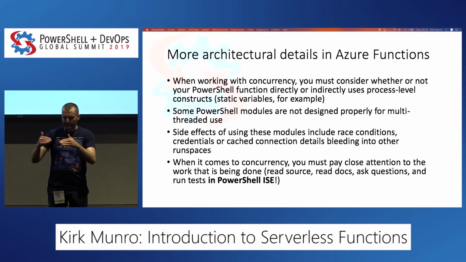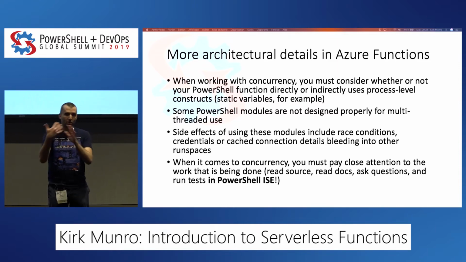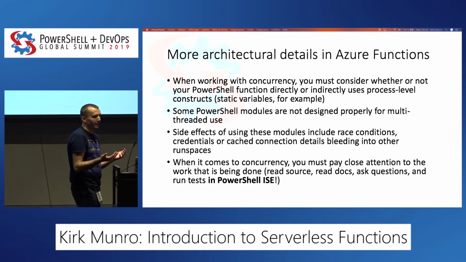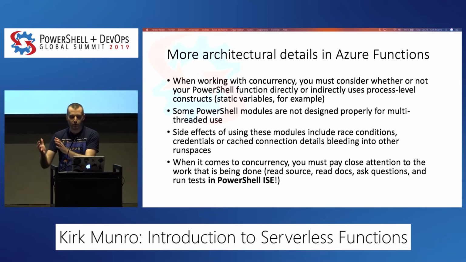You have things running in the same process at the same time because of concurrency. If one of your functions loads a particular version of a module, and then your other function tries to load a different version of the module because of the way you've written your functions, and they're all inside the same shared process, that's going to cause you problems because you can't unload DLLs and reload the other DLLs while both are running at the same time. And .NET doesn't support that. Well, there are ways you can unload DLLs, but it's not in the Azure Function runtime today.